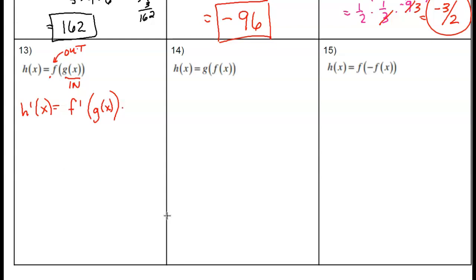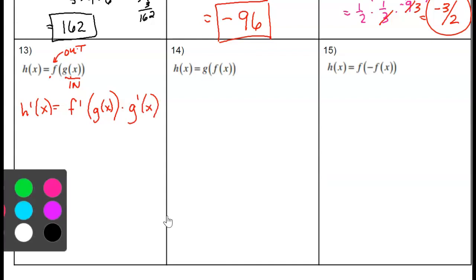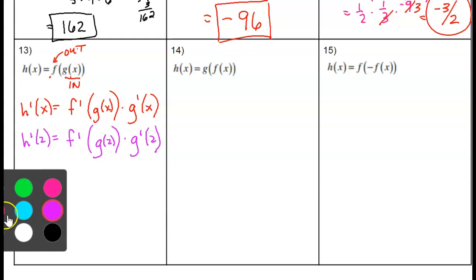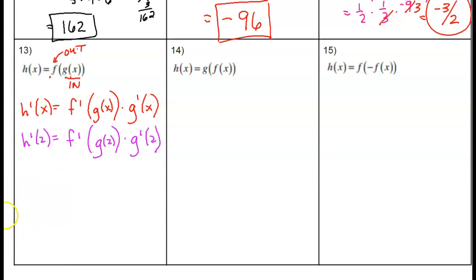Then I have to multiply it by the derivative of that inside, which is g prime. Okay, so now I'm going to write my 2's here because it gets a little tricky. So h prime of 2 is f prime of g of 2 times g prime of 2.